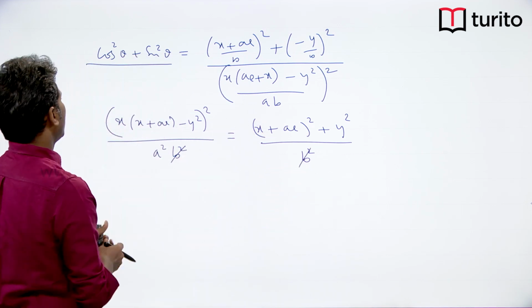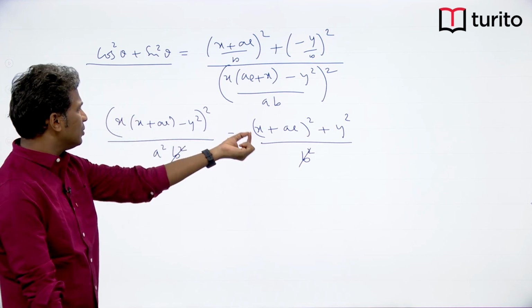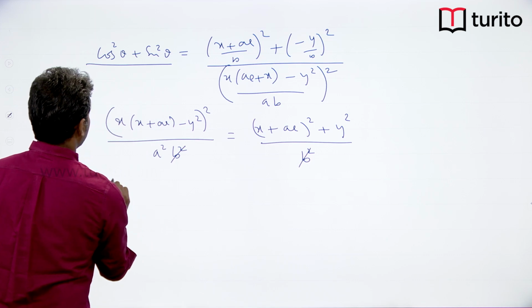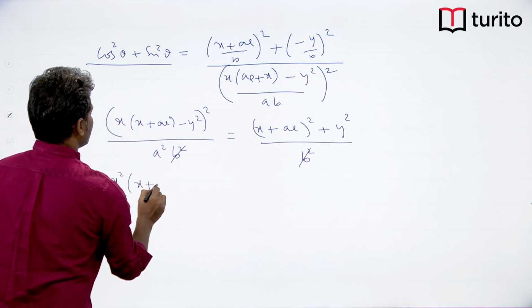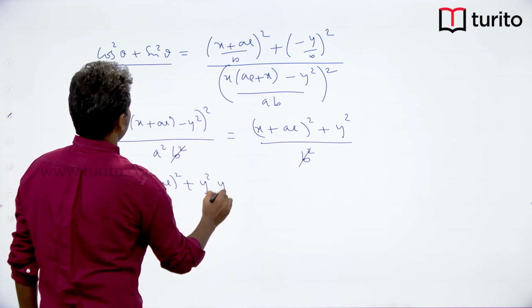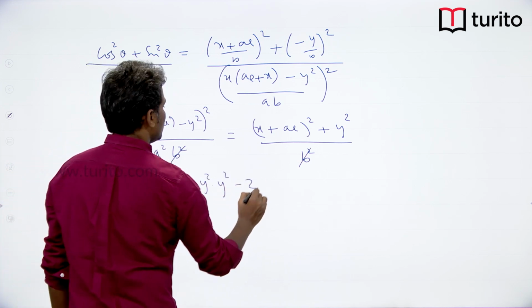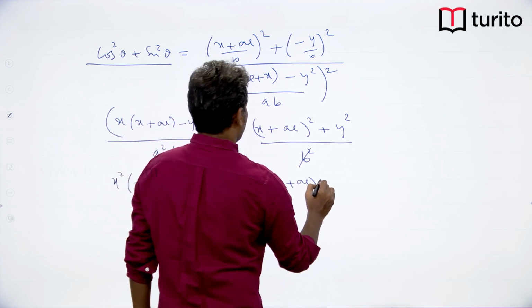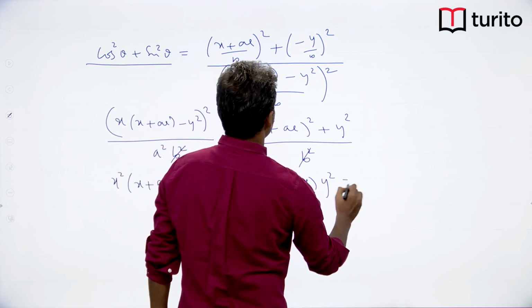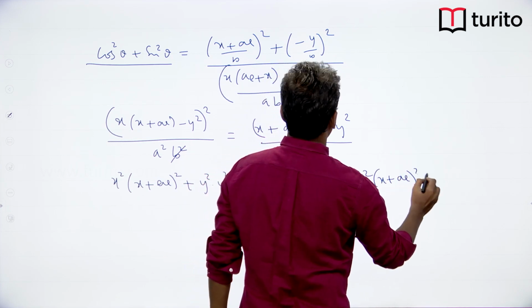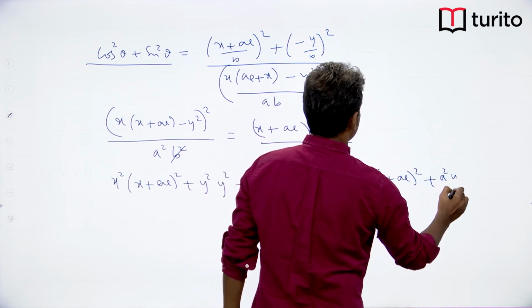While simplifying, just simplify it only in terms of these terms. Okay. So, basically here I am getting x square into x plus AE whole square plus y square into y square minus 2 x into x plus AE into y square is equal to A square into x plus AE whole square plus A square into y square.